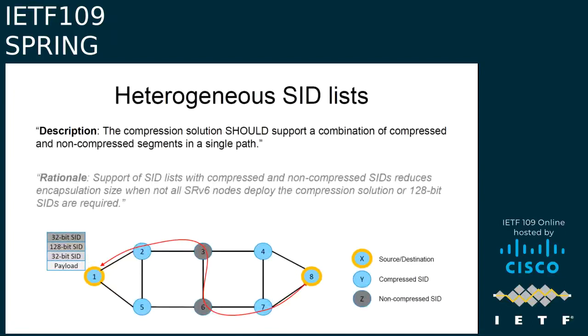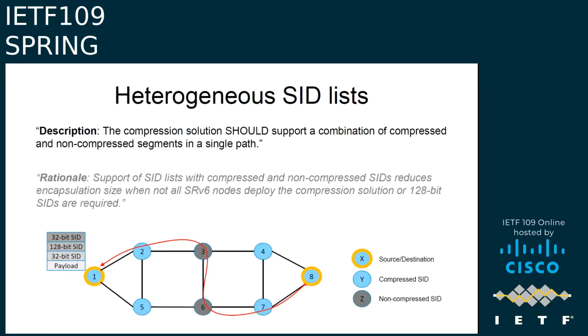So for the heterogeneous SID list, we hope the compression solution can support a combination of compressed and original segments in a single pass. This is a little bit different from the requirement item we just mentioned for the coexistence item.